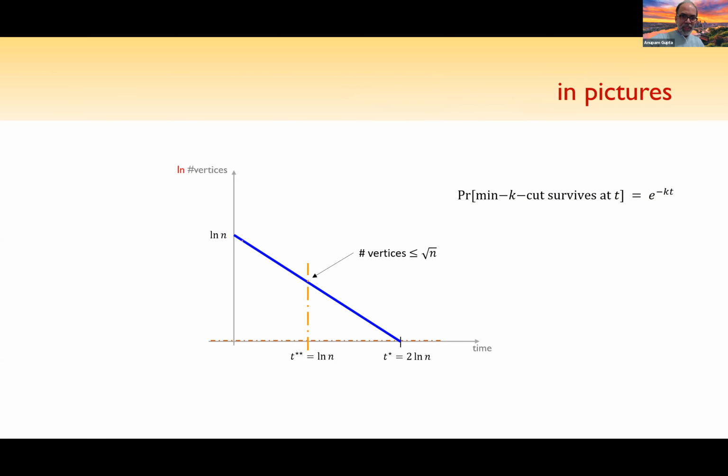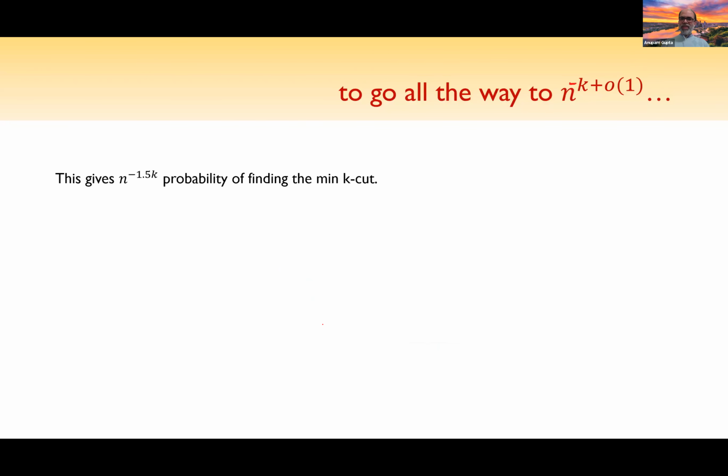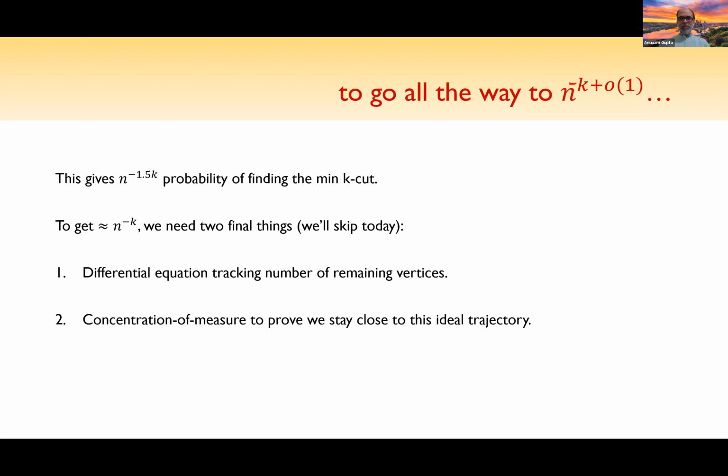I should start showing that, look, you start going down faster right from the beginning. And that's what will happen. For this, really what we do is we write down a differential equation that tracks the number of vertices, and we show that we stay close to this differential equation bound. It's grungy. You can read the paper if you feel like.